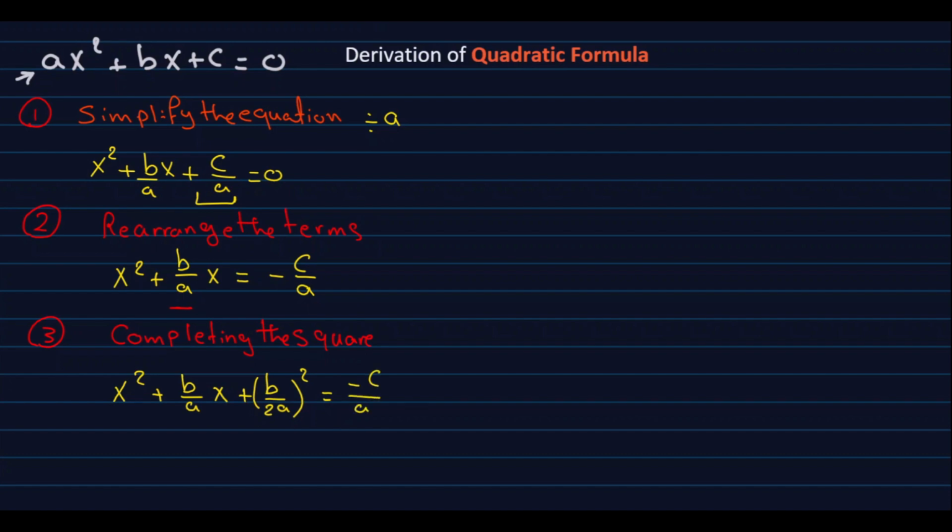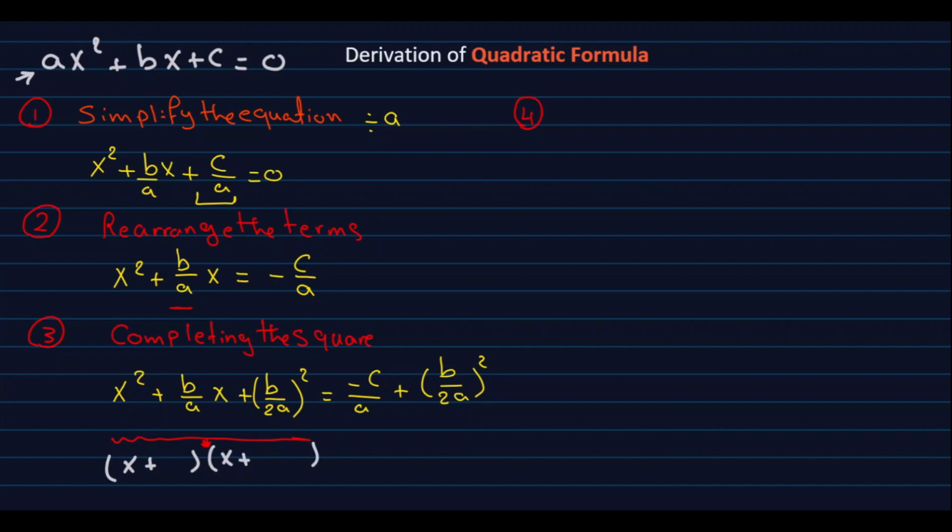We're going to add the same term on the other side, plus b over 2a also squared. Step number 4, we're going to factor the left side. In this case, it is x squared plus b over a x plus b over 2a squared. Now, again, if you are wondering about the factoring method, you can check this video. We have here x plus something multiplied by x plus something.